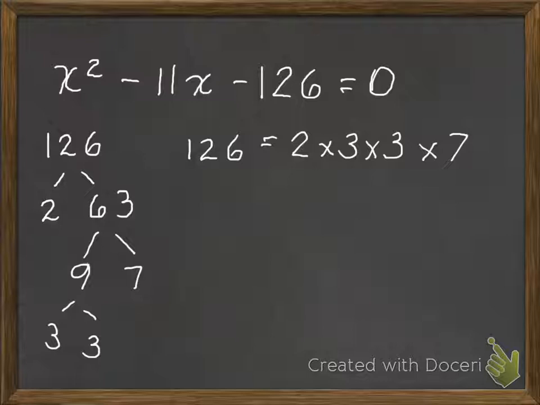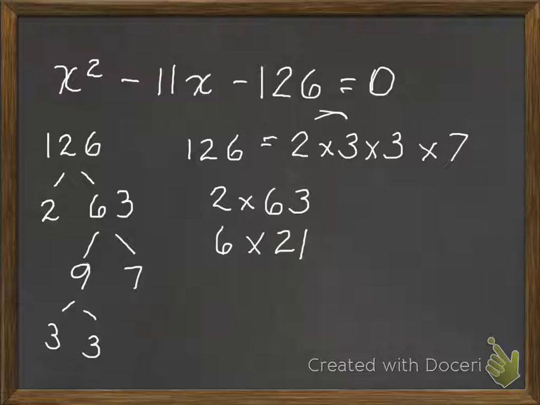Starting with the first one, 2 times all of the rest is 2 times 63. And then 6 times all of the rest, 6 times 21.